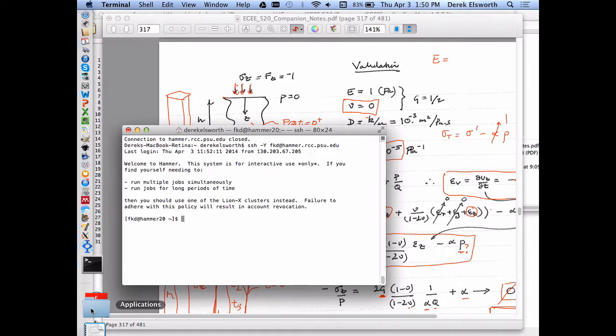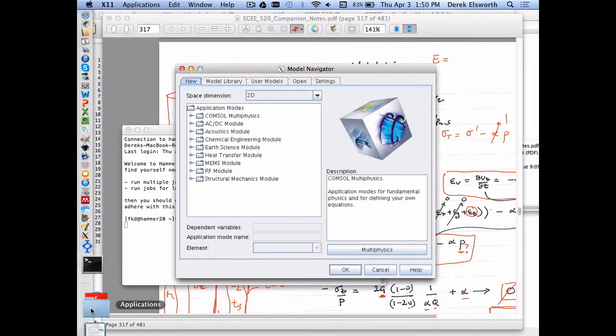Hammer 20. So are you using up all the bandwidth in here? So it's logged me in a different location. So let's see if this will work for us now.